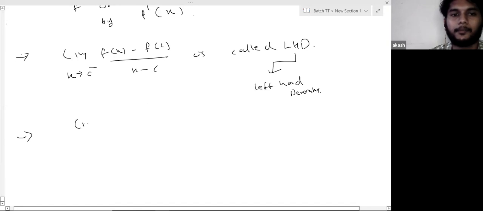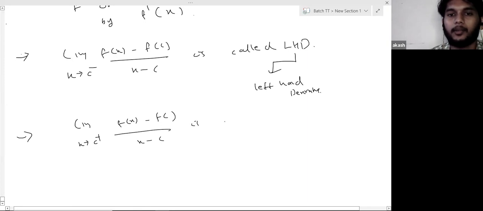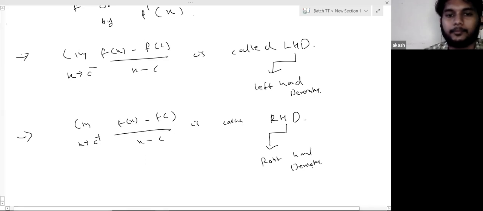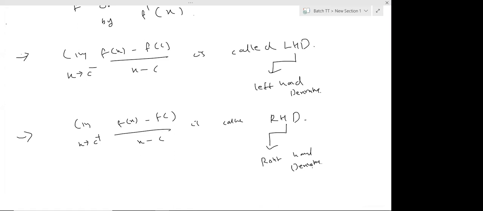And limit x tending to c plus of (f of x minus f of c) upon (x minus c) is called RHD, right hand derivative. Note it down, then we'll solve the question.